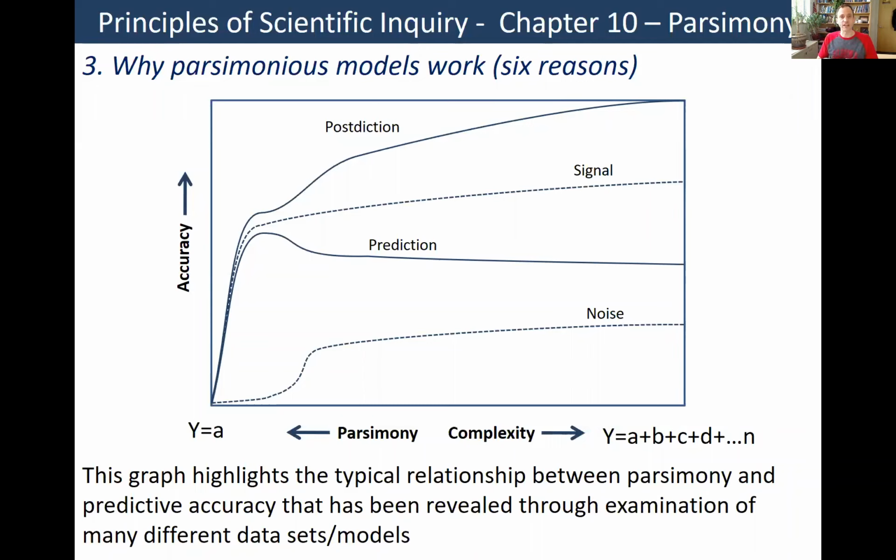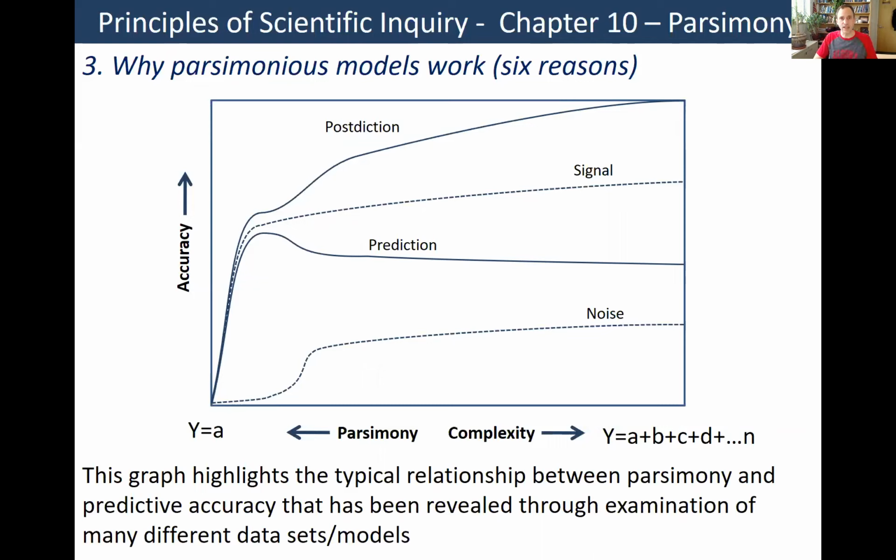So the first kind of data that it can predict are data that were used to build the model. This type of prediction or accuracy is called postdiction, it's not called prediction. So you have a line here that represents postdiction.